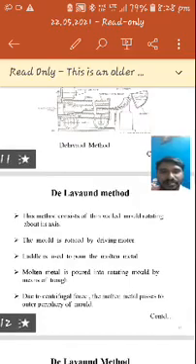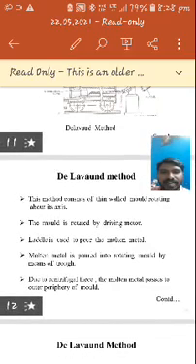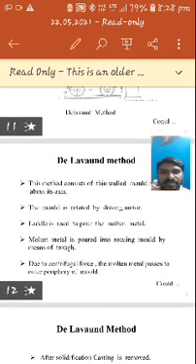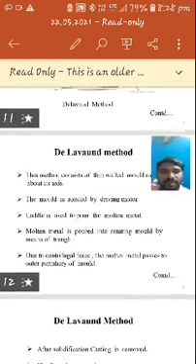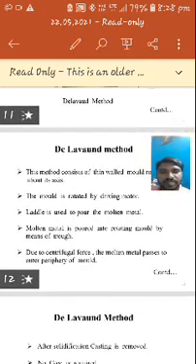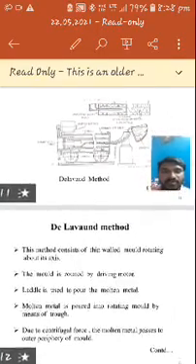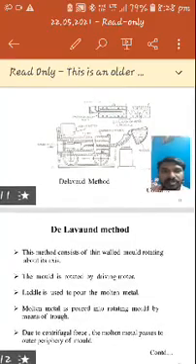The ladle is used to pour the molten metal. The molten metal is poured into the rotating mold by means of a trough. The trough is a device by which the molten metal is poured.